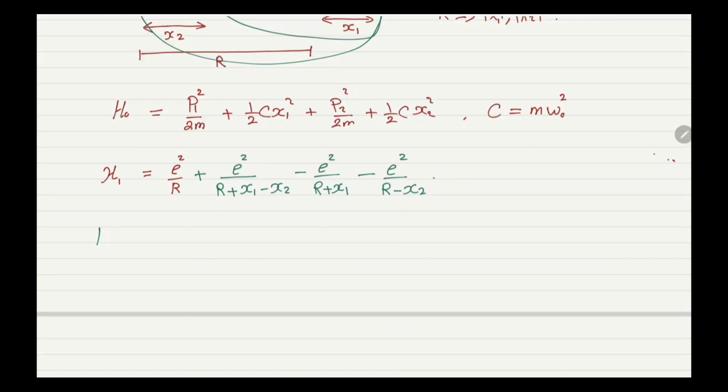So the total Hamiltonian is equal to H0 plus H1.